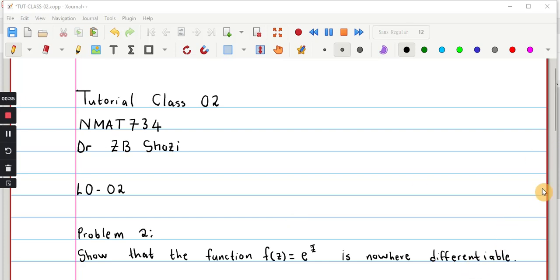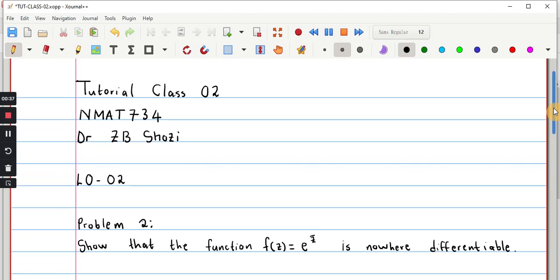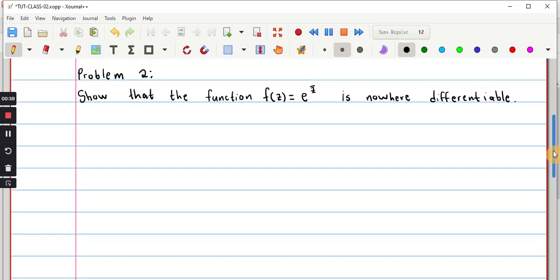Our first goal there is to write the function in the form u plus iv. So what do we know about this function? Let's start with our solution here.